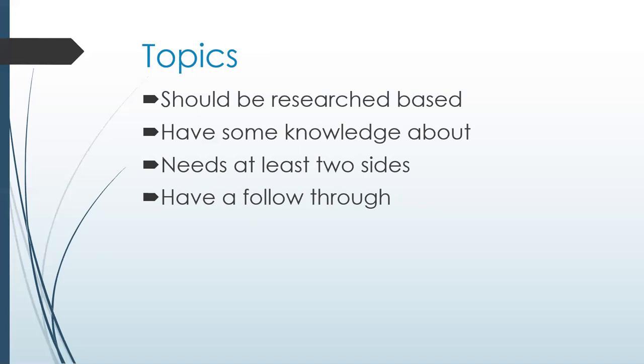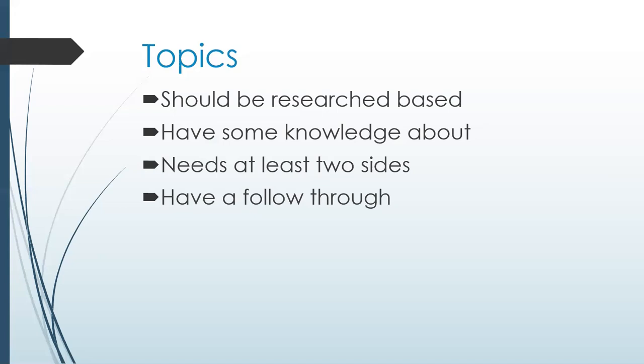When you're choosing your topic, you do need to make sure that the topic that you select is research-based. That means if I go in to find journal articles, I would be able to find journal articles on it. So that's basic information. Have some knowledge about it yourself, so that helps you have credibility when you're discussing it, if you have some relationship to the topic. It does need to have at least two sides.